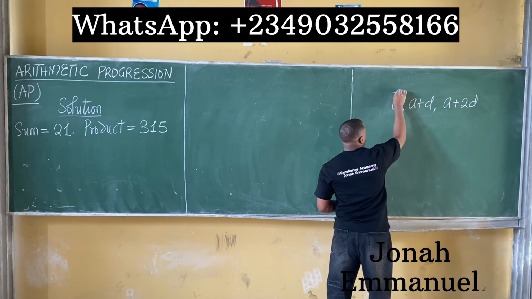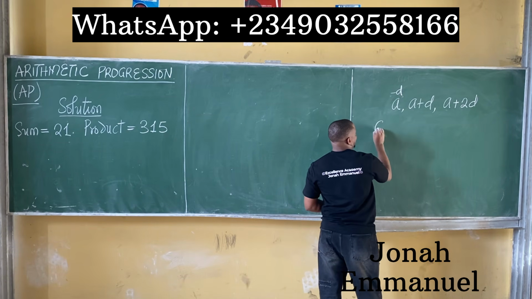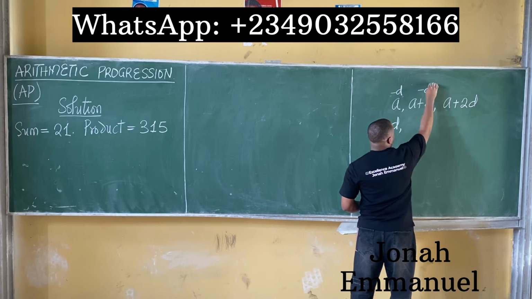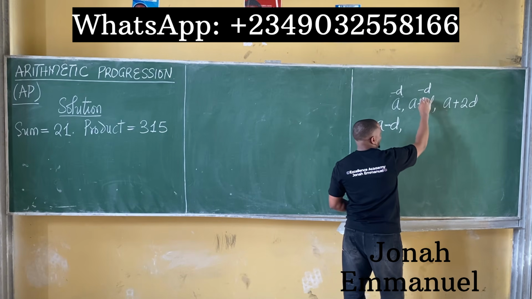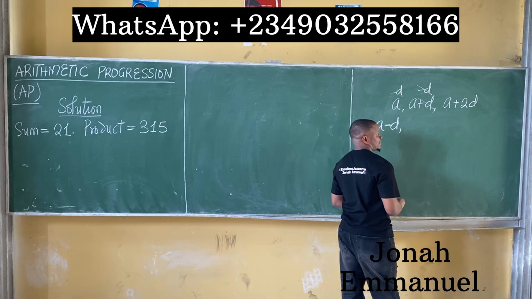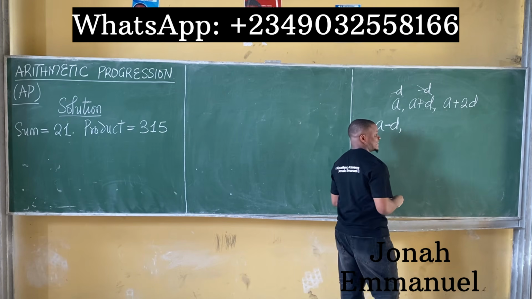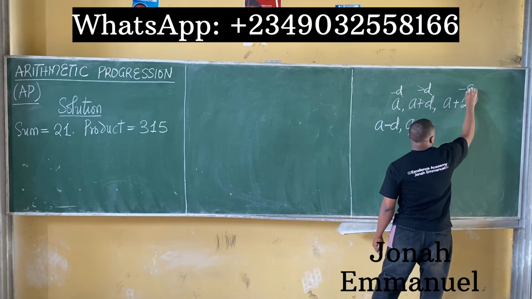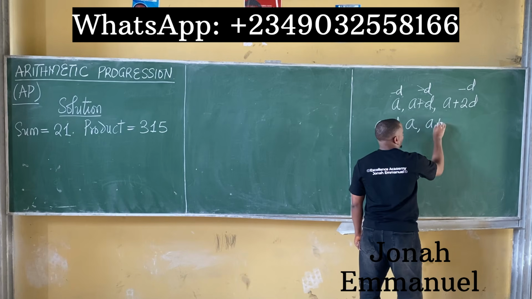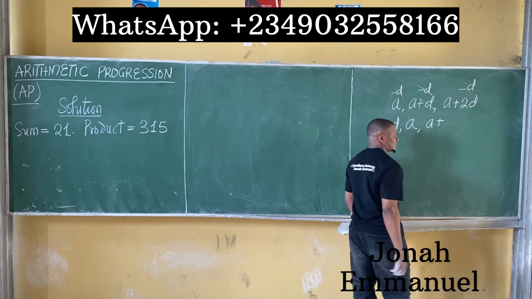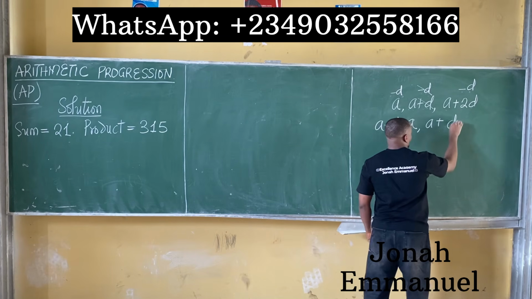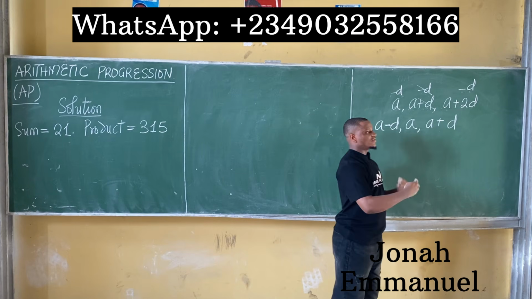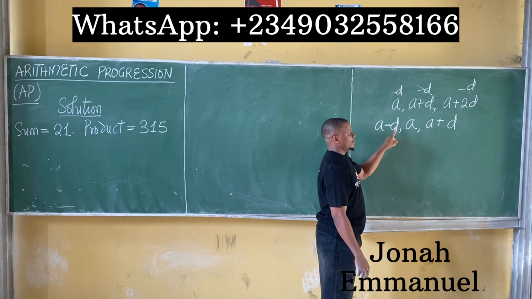This minus D becomes A minus D. Then A plus D minus D, the D minus D cancels out, and you're left with A. Then A plus 2D minus D is a single D, so you have A plus D. So instead of using A, A plus D and A plus 2D, you could use A minus D, A and A plus D.